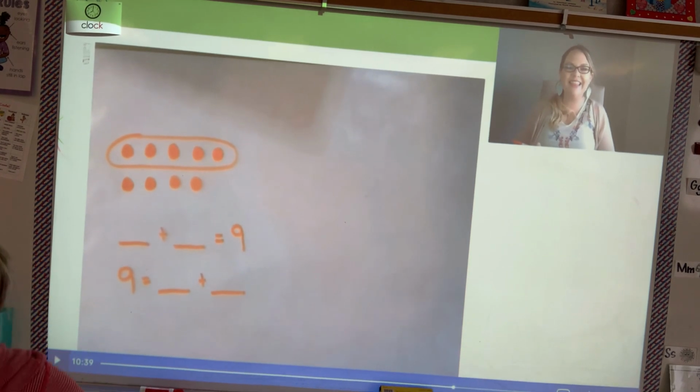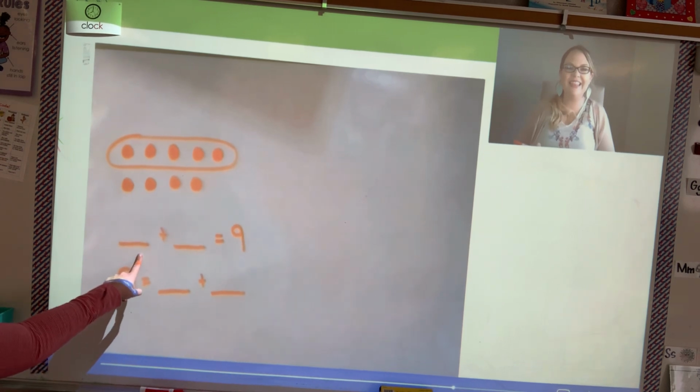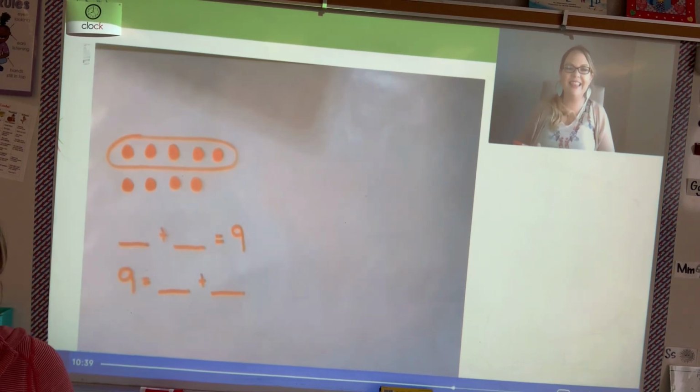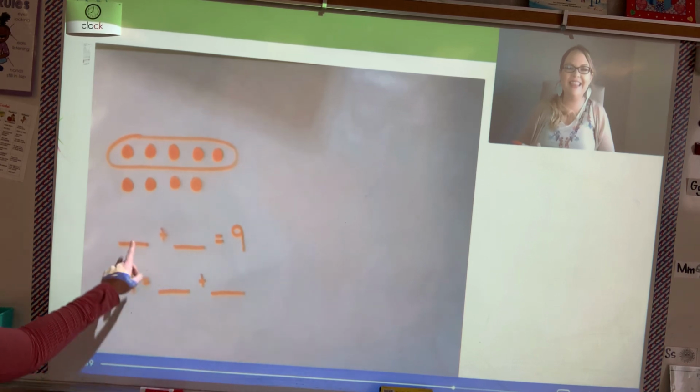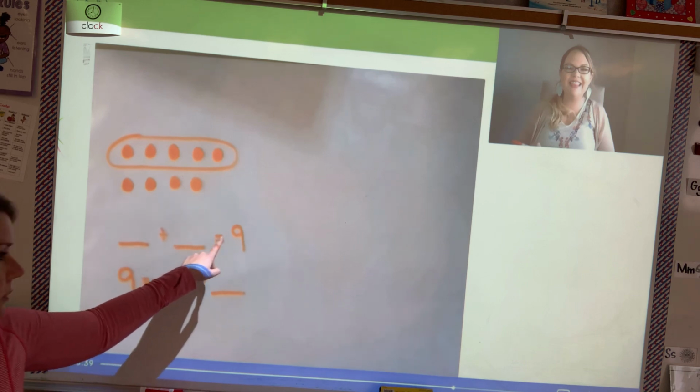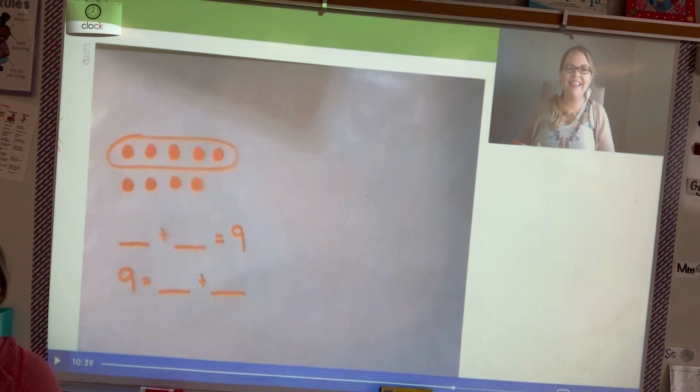I want you to try that. So underneath the picture, now if it's easier for you to make it a box, like a mystery box, you can do that. But do a blank plus blank equals your whole, which is 9. And I want you to write 9 equals blank plus blank. Do that now. When you're finished, do a silly face in the camera.